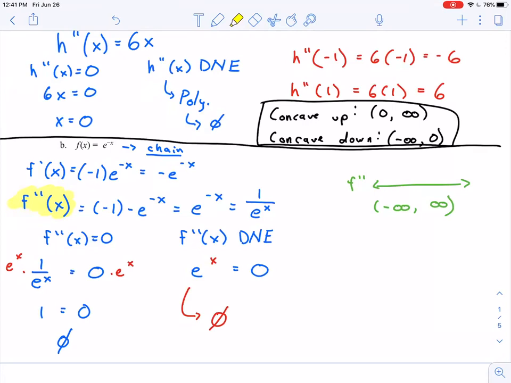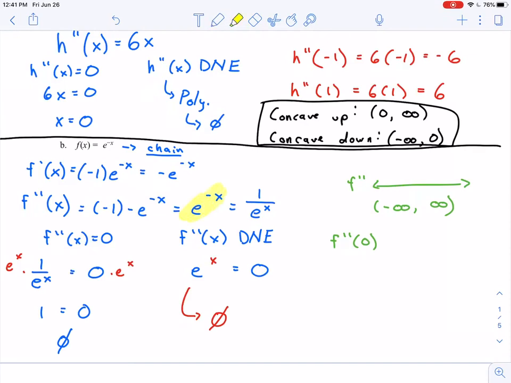And what that means for my result is that my function will either always be concave up or always be concave down, because my second derivative will either always be positive or always be negative. So I need to pick just any number between negative infinity and positive infinity. How about 0? I'm going to take 0 and plug that into my second derivative. I'm just choosing 0 because I think it's easiest to work with.